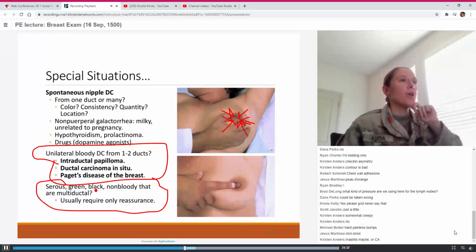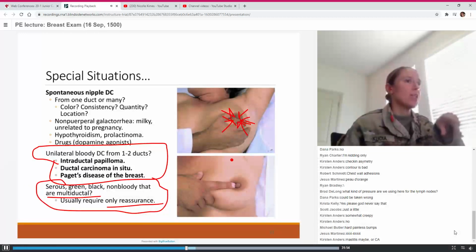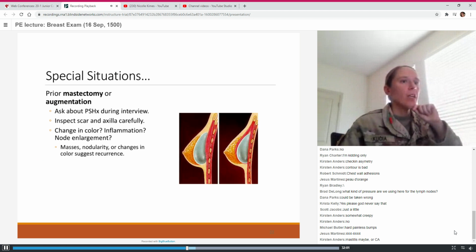It's ones that are green, black, and multiductal that only require reassurance. So one duct means maybe something is in that duct that's causing the problem. Multiductal is a little bit less concerning, because it's maybe a systemic problem or something else. All right.